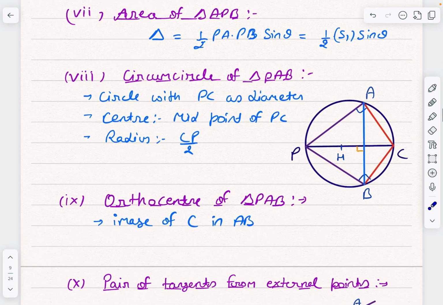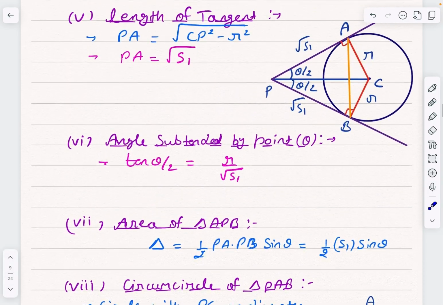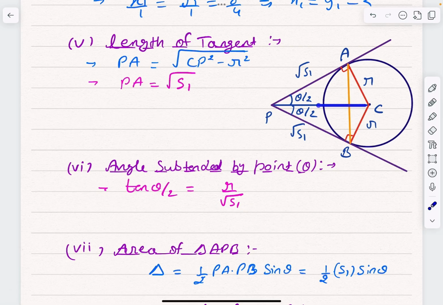Next, guys, the circumcircle of triangle PAB. If you see the previous figure, if I take CP as diameter and draw a circle, can I say A and B will lie on that because this angle is 90 degrees? So if you take CP as diameter and draw a circle, obviously A and B will lie on that.